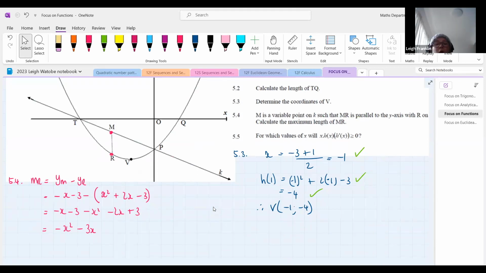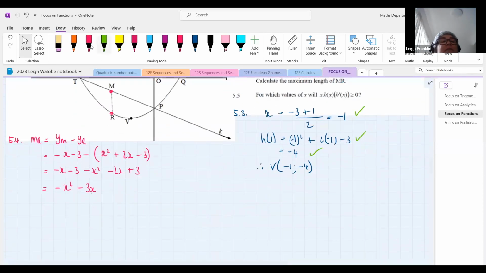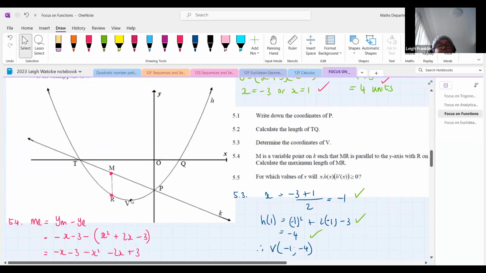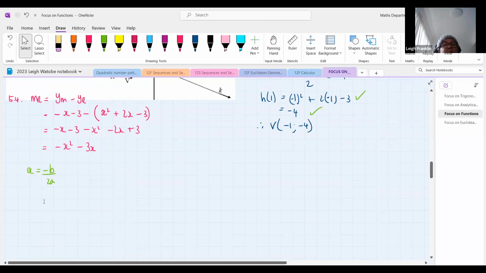So, if you are in grade 11, what you would do after this is go back to your formula x equals negative b over 2a. Because when you're calculating the x coordinate at the turning point, that is going to be the maximum distance that your point can be from either the x-intercept or any other point below that. Okay, so you would use x equals negative b over 2a.